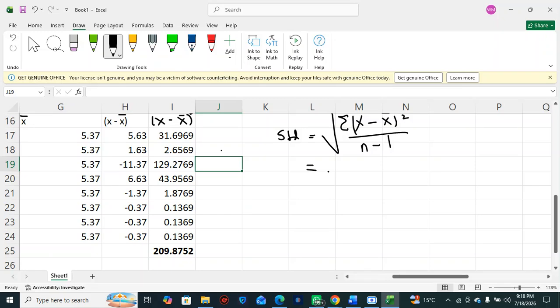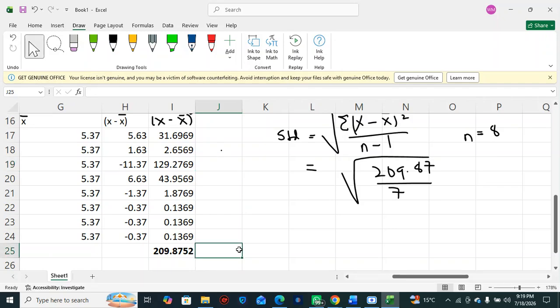So in our formula here, it becomes the square root of 209.87 over n minus 1. We have 8 years, so n equals 8, and 8 minus 1 is 7.